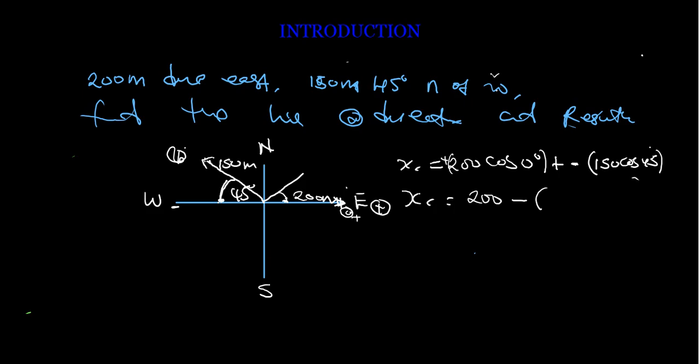So punching 150 cos 45 gives us 106.1, which is negative here. So what is 200 minus 106.1?